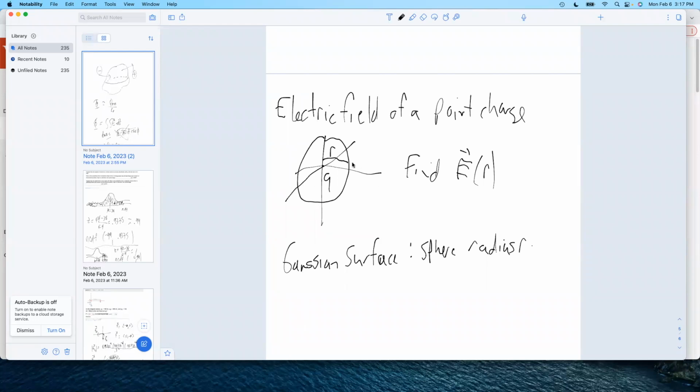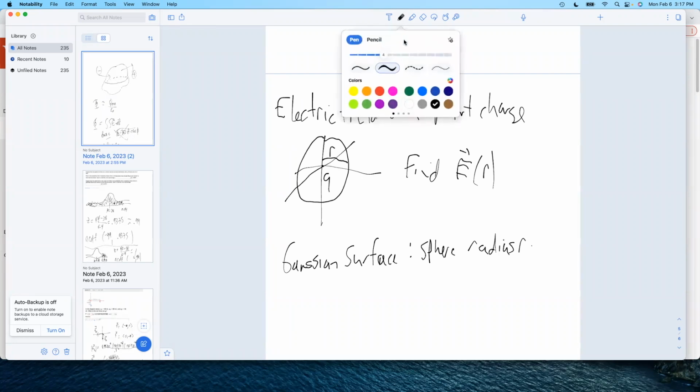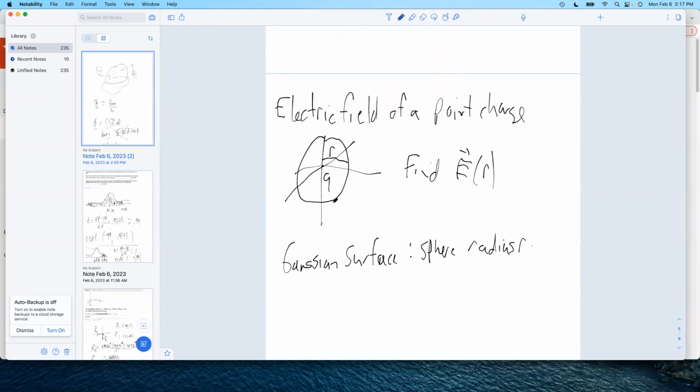Okay, then I got to make a couple of arguments here. I have to note that the electric field points away from positive charges. We know that from Coulomb's law. And in fact, we know Coulomb's law because we're about to derive it.